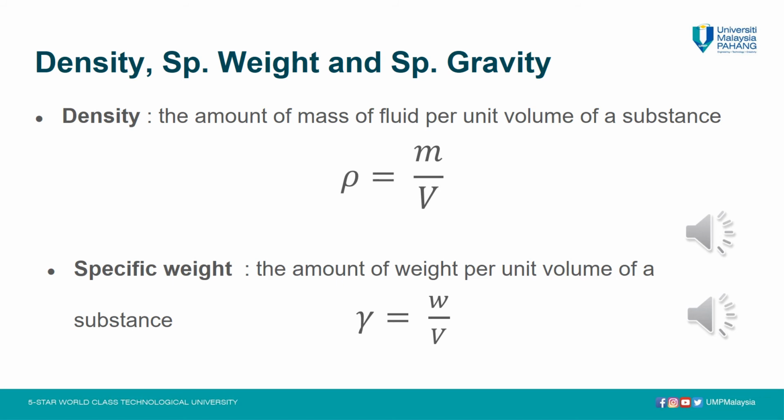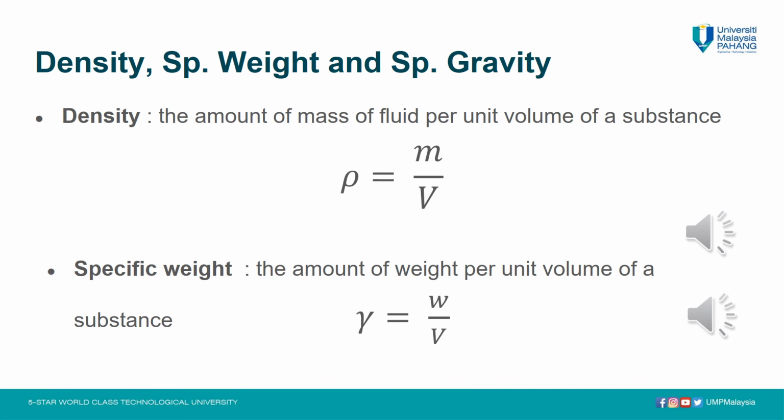Therefore, using the Greek letter rho, ρ, for density, we write ρ = m/V, where V is the volume of the substance having mass m. The units for density are kilograms per cubic meter, kg/m³, in the SI system and slugs per cubic foot in the US customary system.